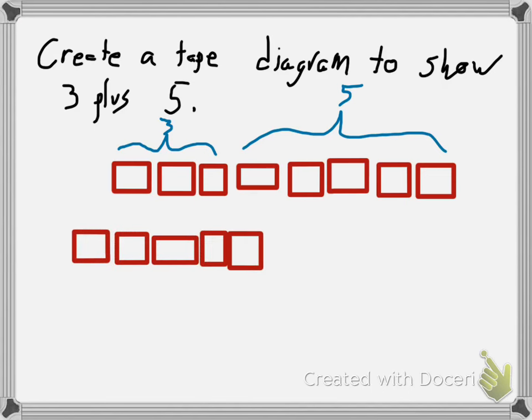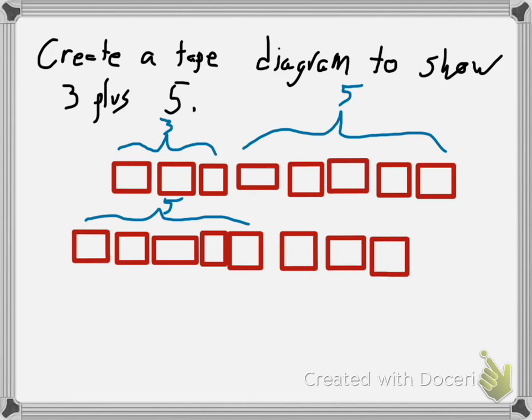Now, based on what we learned yesterday, I could do it this way. I could start with my 5 and add to that my 3. So either way, I would have a tape diagram showing 3 plus 5 or 5 plus 3.